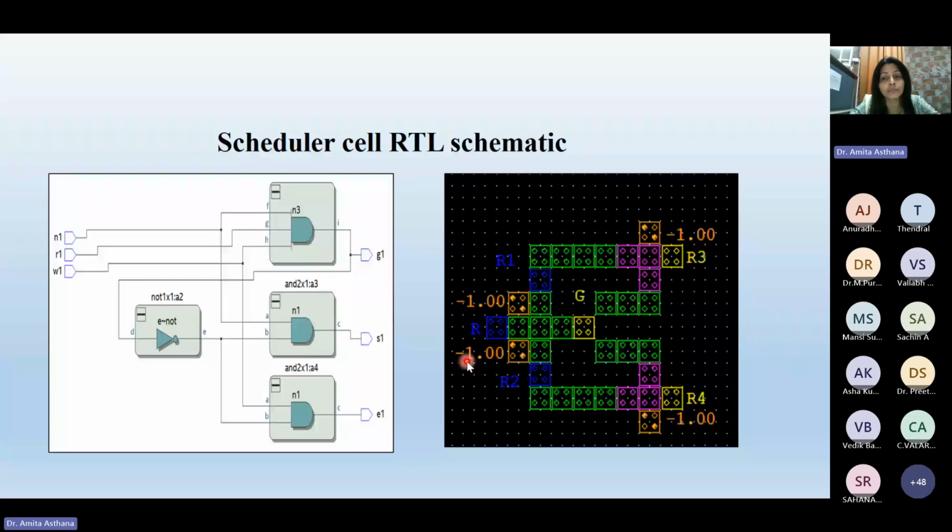The same crossbar scheduler, a single scheduler cell, is being compared with the SystemVerilog. Here, this crossbar scheduler is presented using QCA technology, and this crossbar scheduler is presenting the circuit using the SystemVerilog.